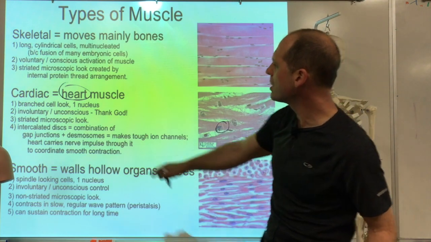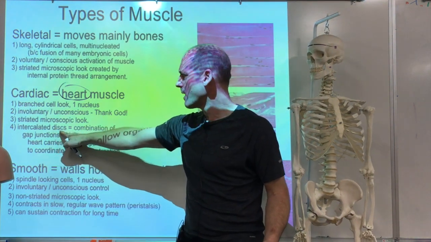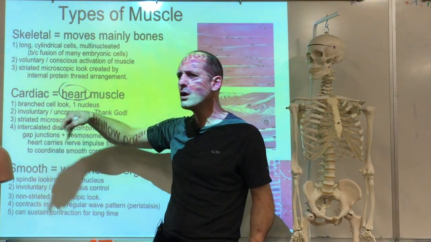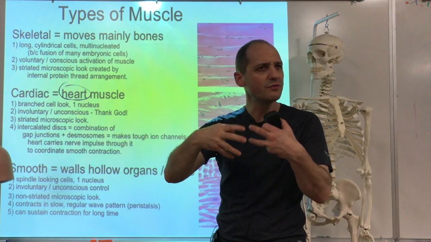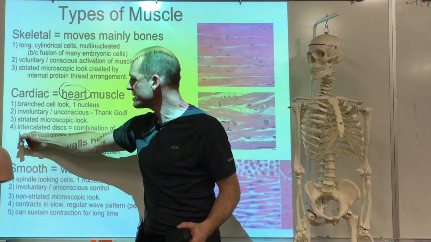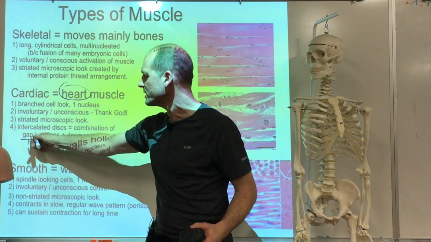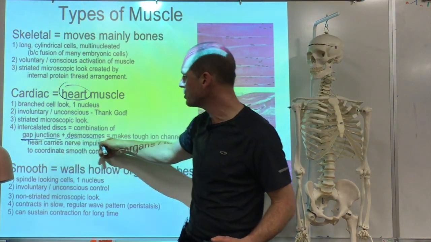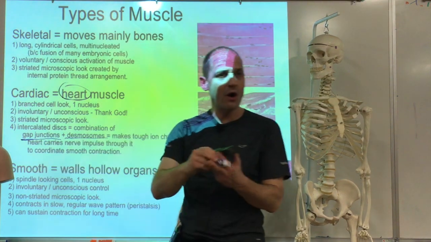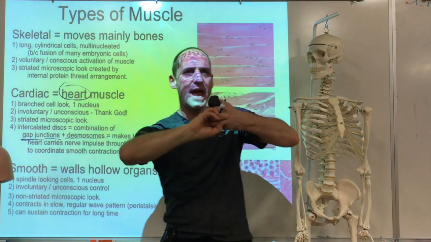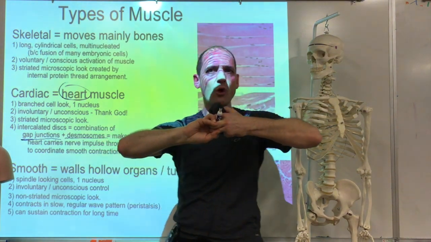One feature that's very interesting, and there's one like right here, apparently, are the intercalated discs. And we talked briefly about these junctions between the epithelial cells, if you go back to that slide, and intercalated discs are in there. The intercalated discs are the gap junctions and desmosomes. Remember, gap junctions are sort of channels from cell to cell, and desmosomes are really anchoring strands that hold the cell strong together.